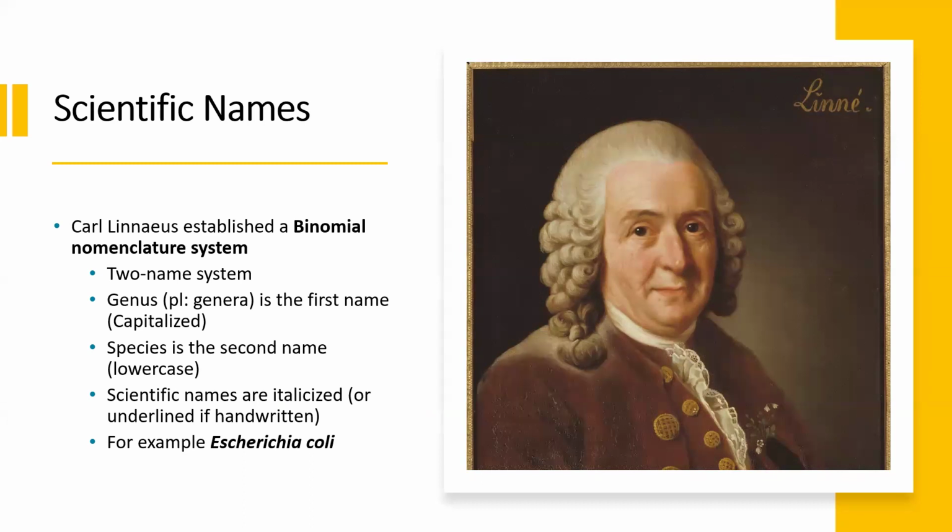Scientific names are underlined when handwritten or italicized when typed. Just keep that in mind. And just as something, because this will come up occasionally, the plural of genus is genera, and the plural of species is species. An example of binomial nomenclature is Escherichia coli or E. coli.